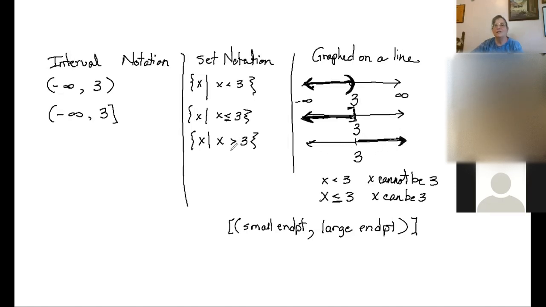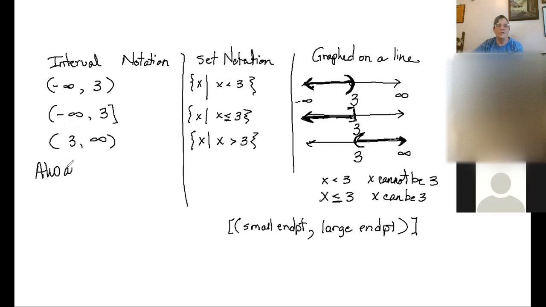And because the line is not there, we would use a parenthesis. Here, because this is going from 3 to positive infinity, it would be parenthesis 3 to positive infinity.